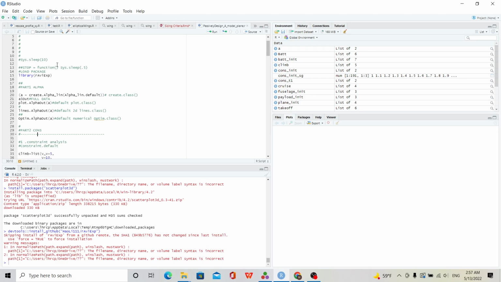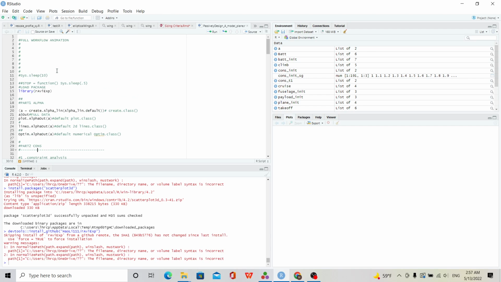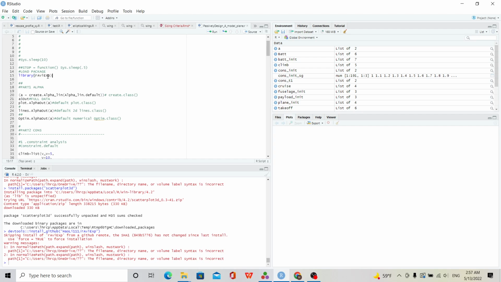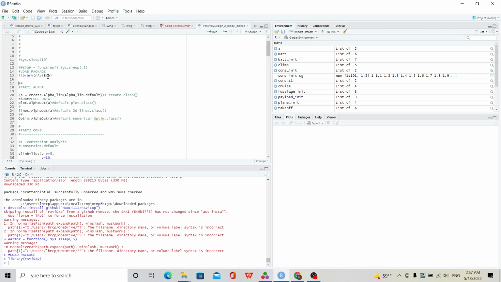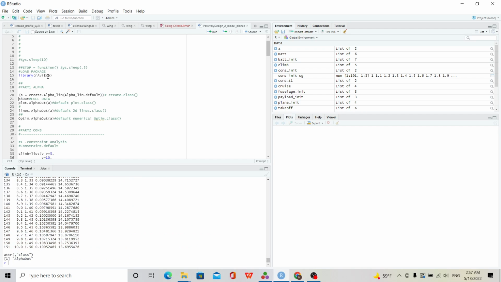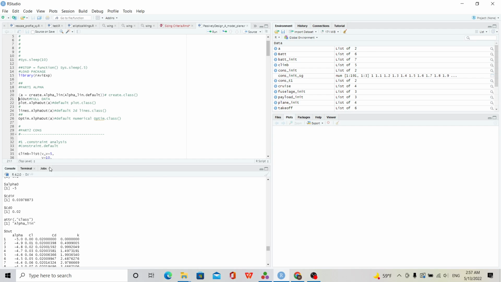So what I considered there was, let's say we first have to load the package, and then I create a normal airflow. I used just a simple linear estimation of lift and drag coefficient.